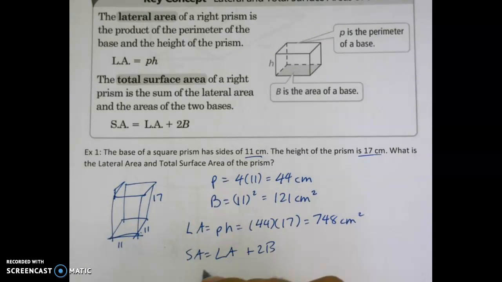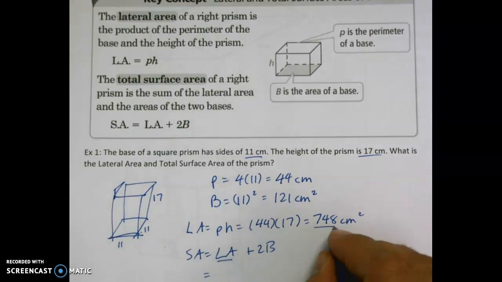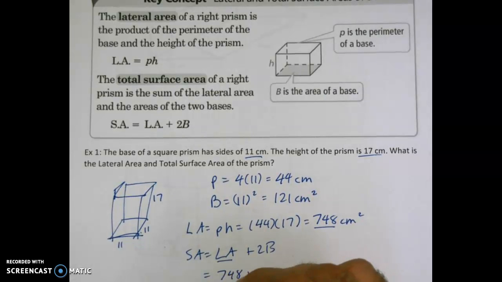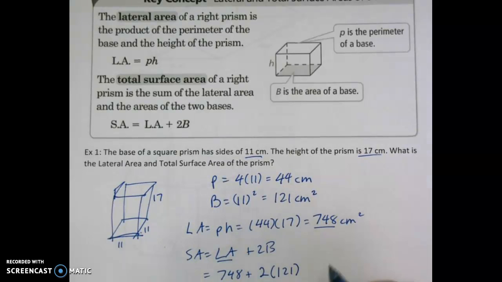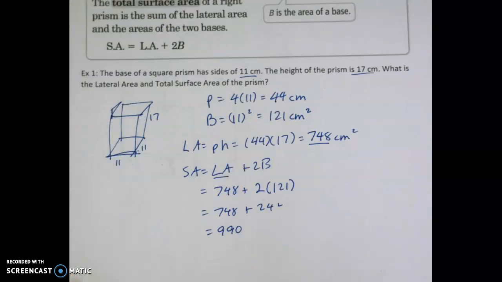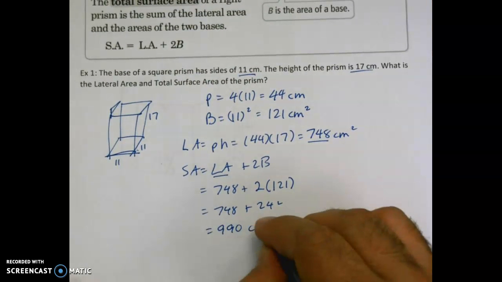So I'm going to do two substitutions. LA, that's 748. 2B, multiply 2 times 121. So 748 plus 242 equals 990 square centimeters. Okay?